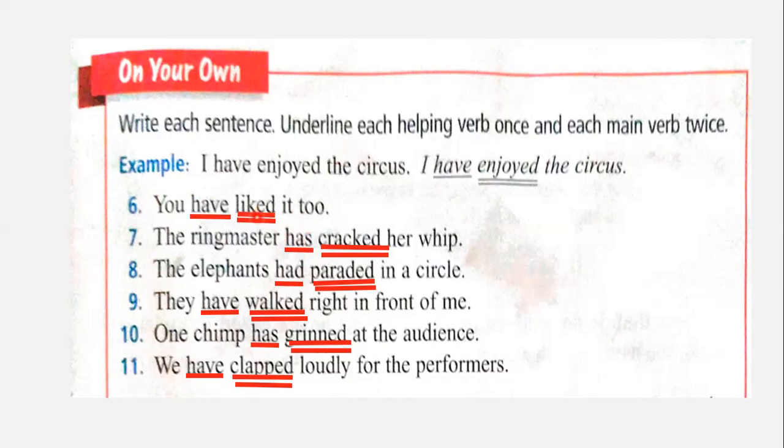Now notice that all of the main verbs are in the past tense. Did you notice that? And each one of them was formed according to the rules that we studied in the lesson before this one. We already learned how to form the past tense. So if you look at these verb phrases, notice that the main verbs are already in the past tense form.